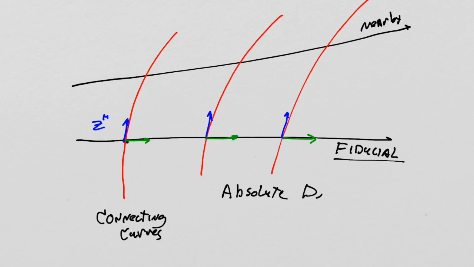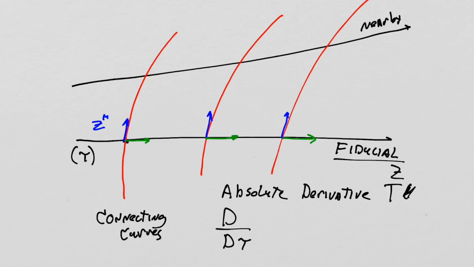The absolute derivative of any tensor field t. In this case, we're interested in z, the vector field z, but it could be any tensor field. We could ask, what is the absolute derivative of a tensor field as you move along some curve in space? And the definition of that thing, we write capital D t over capital D tau, where tau is the parameterization of our curve, of our fiducial geodesic.